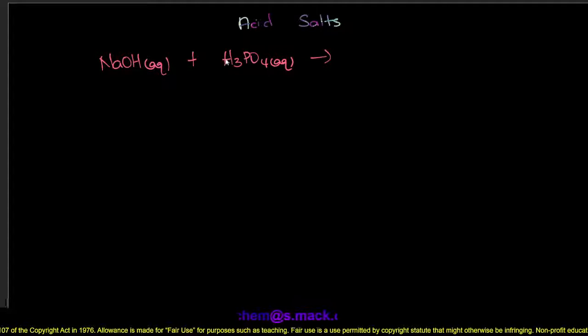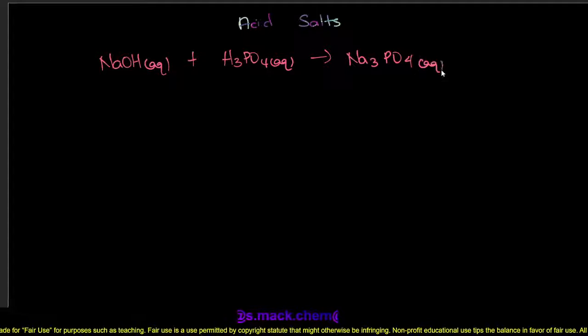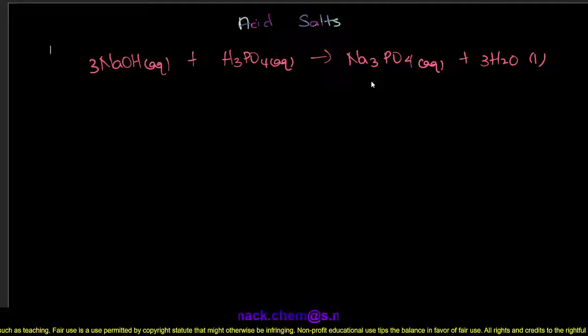In a normal salt, all of the hydrogen ions are replaced by metal ions or ammonium ions. So we will form sodium phosphate and water. This is the normal salt to be formed.